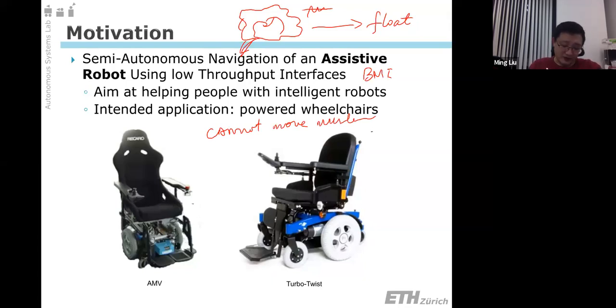So the idea is because the patients, even if they sit on a wheelchair, they cannot move anything, right? So even if you provide a gamepad here, it doesn't work, right? Because they cannot move the hand. And even they cannot move their eyeballs.